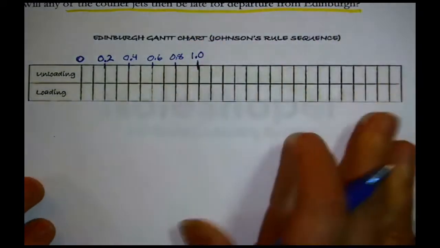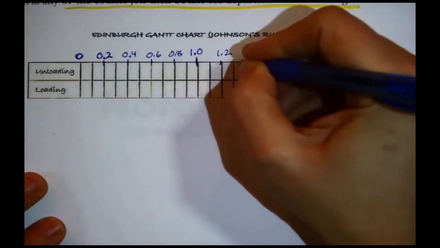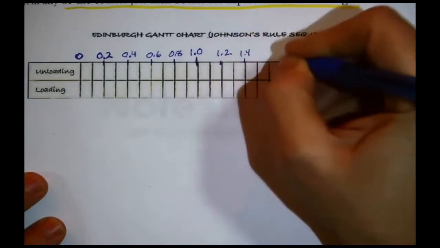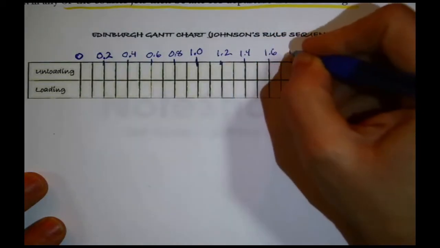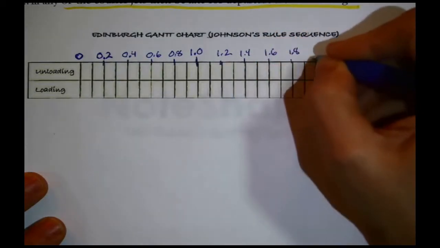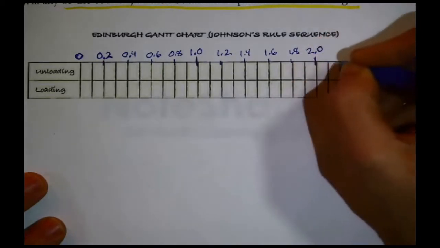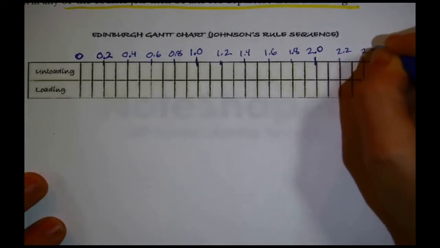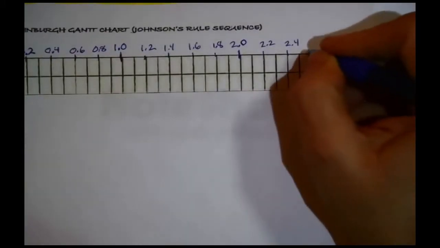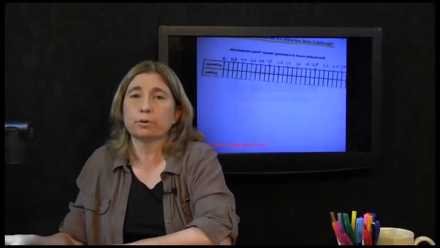And then 1.2 hours out, 1.4 hours out, 1.6 hours, 1.8 hours from the start of work. Here's 2 hours even. 2.2, 2.4, 2.6. Oh, okay, so the grid goes all the way out to, according to my scale, 2.7 hours.